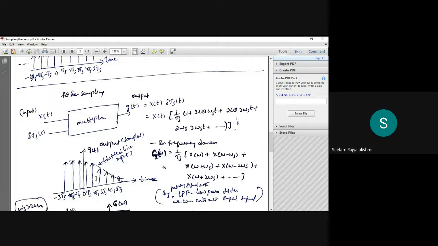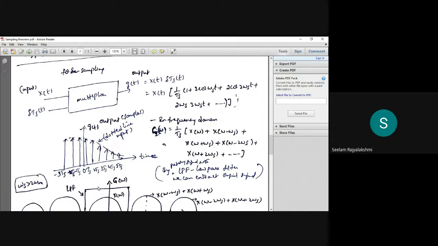So here in the frequency domain we have g of omega. Here we have 0, Ts, 2 Ts, 3 Ts, and so on, and on the left side minus Ts, minus 2 Ts, minus 3 Ts, and so on.